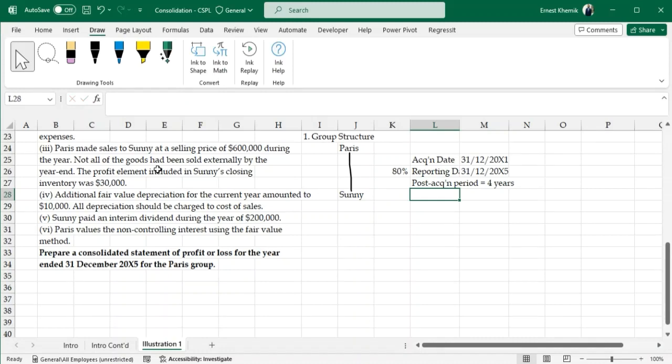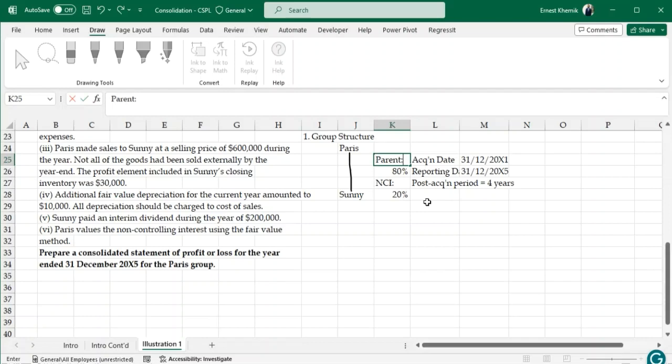Now the group structure, as I said, is very important. So if the parent controls 80%, then NCI, and put it here, controls 20%. All right, so NCI controls 20%. So I can just put parent there and then NCI. So it makes a lot of sense here. All right, so very important.